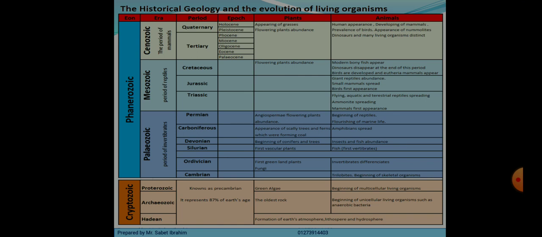It represents 87% of Earth's age. The first era of the Cryptozoic, Hadean, saw the formation of the Earth's atmosphere, lithosphere, and hydrosphere.